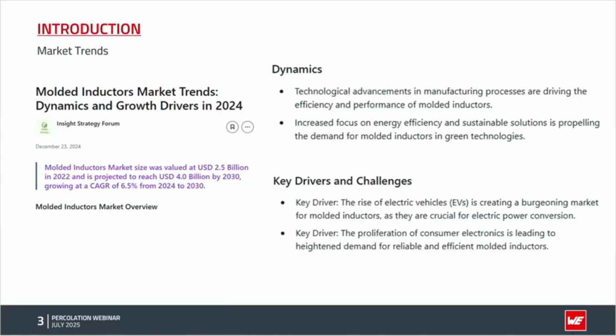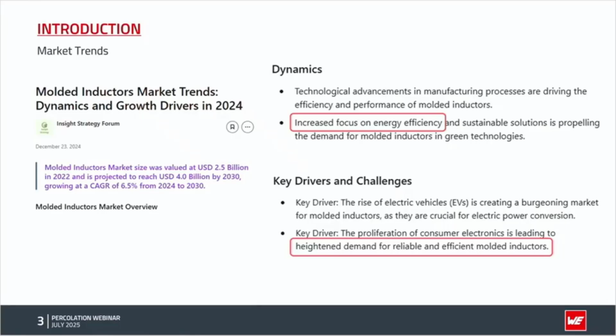So the dynamics go in the direction of new technologies, like, for example, GaN technologies, the new families of SiC, but as well the influence of automotive. But the increase of the efficiency and the high demand for reliability of molded power inductors is an open question for us.